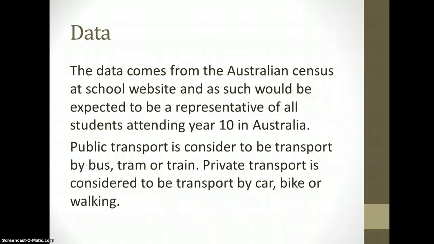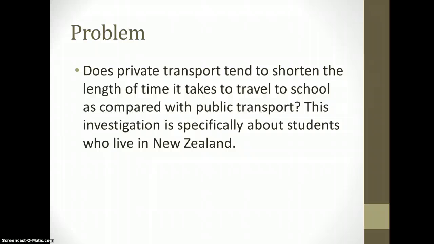The data comes from the Australian Census at School website, and as such would be expected to be representative of all students attending Year 10 in Australia. Let's check the problem. That problem doesn't talk about Year 10 students. It should do.